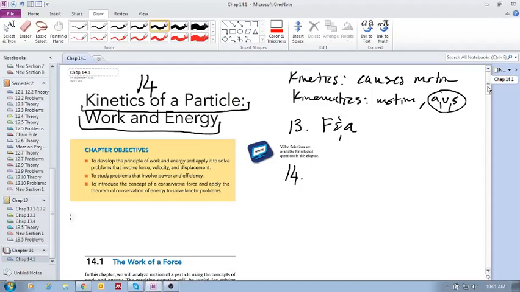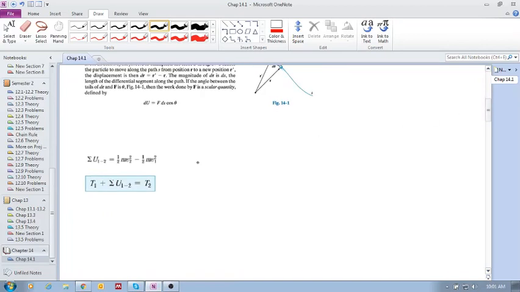Take a look at these two equations. It's the same equation, just written differently. This governs chapter 14. What we have here is the sum of U1 to 2, which is the sum of all the work done by forces.